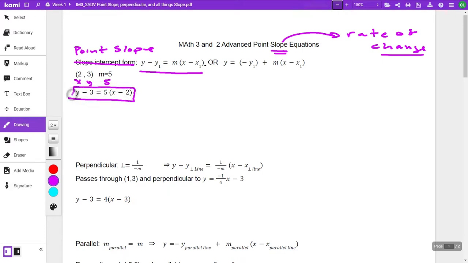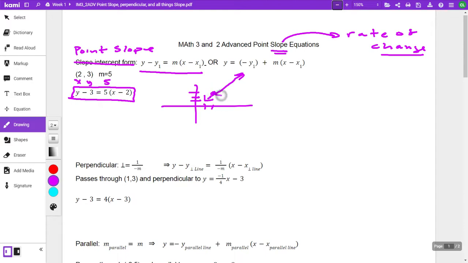Well, I know that if I look at a graph, I have the point (2, 3) right here. And off of that, I have a slope of 5. So I have a line that's going like this somehow, and I need an equation.